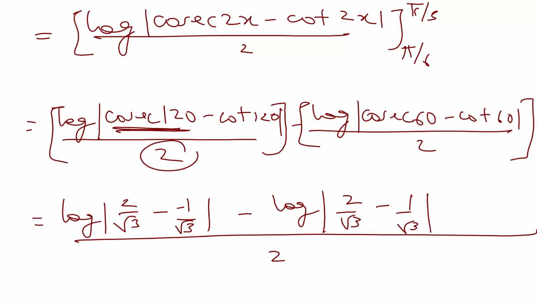And I took this 2 as the common denominator. So this is 2 plus 1 upon root 3, that is 3 by root 3, and this is 1 by root 3.